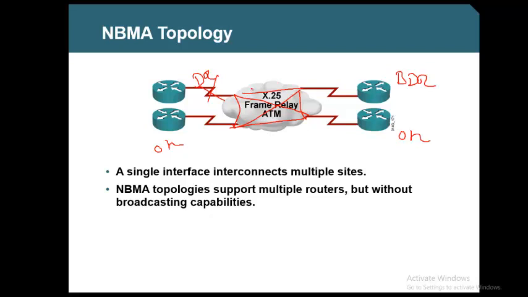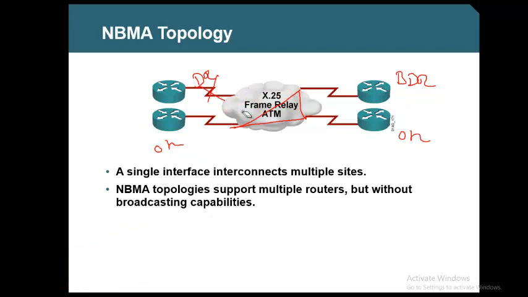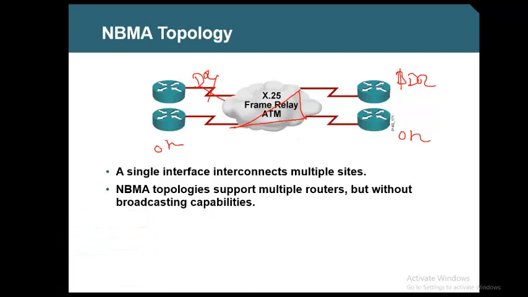Only these 3 will fall down, but the other connections are still there. Only these 3 will vanish. It is okay. Now this will say I am DR, and this will say, let's say, BDR. Good, no problem. Still the DR-BDR is valid.